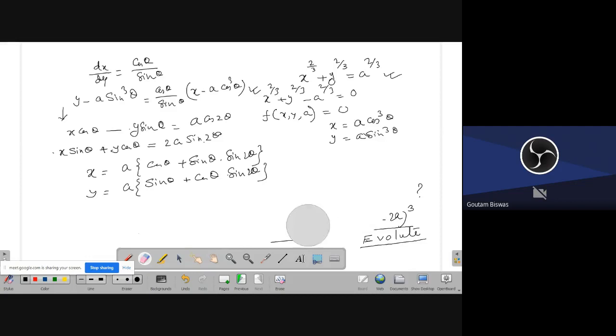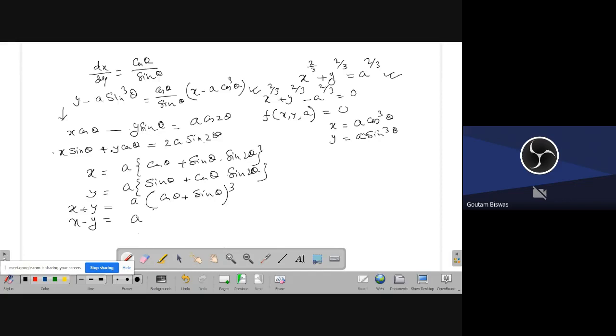Find x plus y and x minus y. How much is it? x plus y is a cos theta plus sin theta whole cube, and x minus y is a cos theta minus sin theta whole cube.